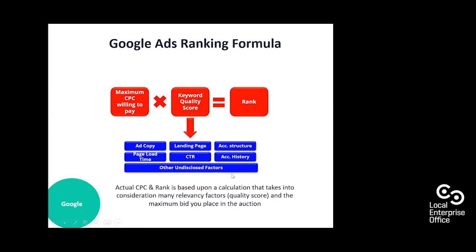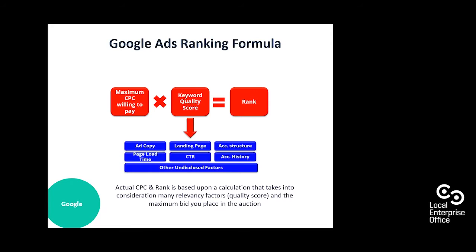I'm not going to go through them all in detail, but one significant factor here is the landing page itself. So in other words, where you're sending people to. It's very important, for instance, if you're sending someone to a page from within your website, that you have a performing website, so that the web page loads quickly. 2.5 seconds is kind of the rule of thumb nowadays.